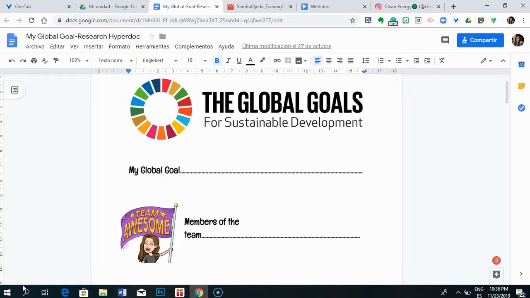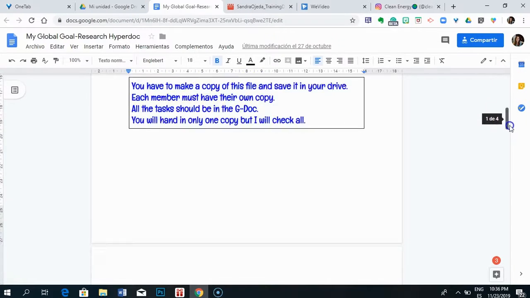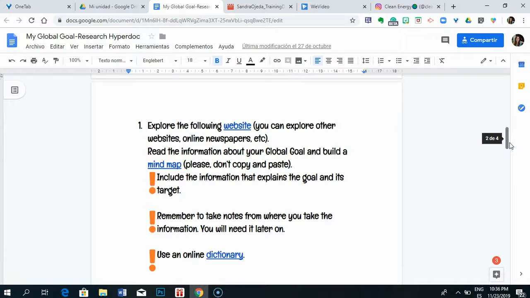After learning about the global goals in general, I asked them to choose one goal to work with, and I created this hyperdoc, My Global Goal Research.